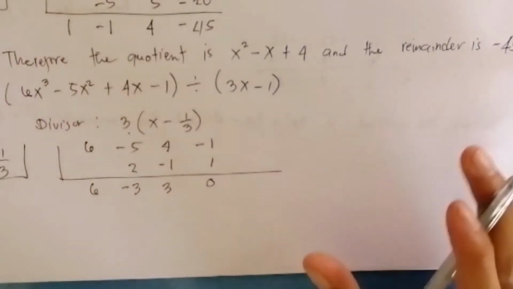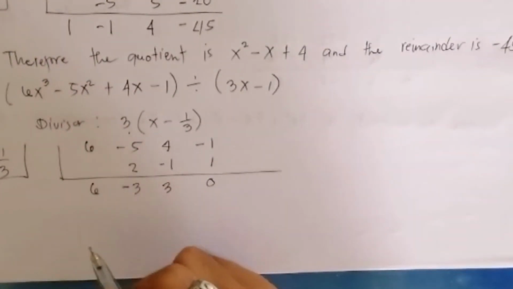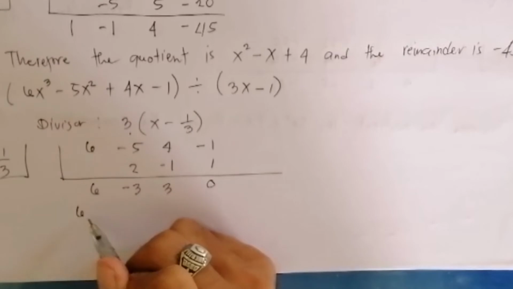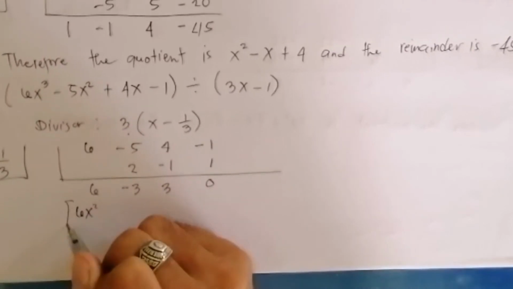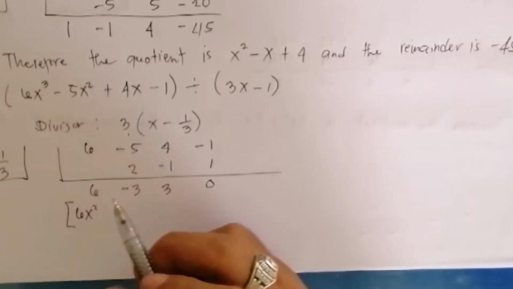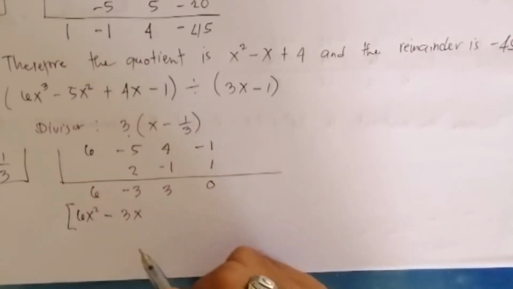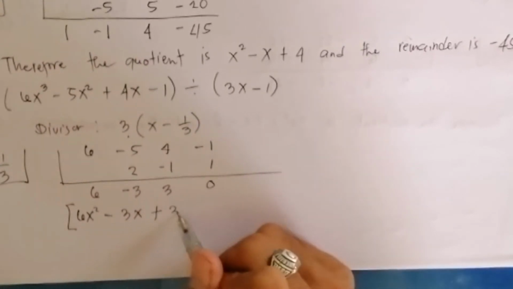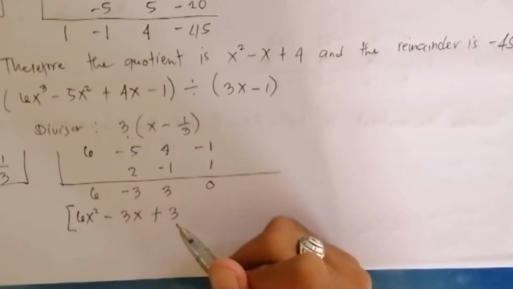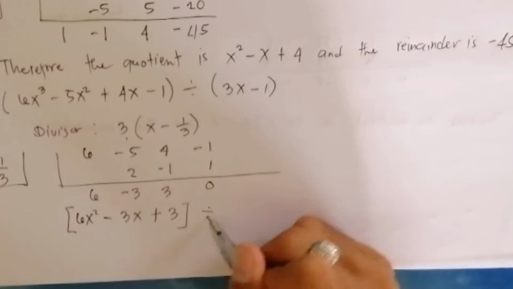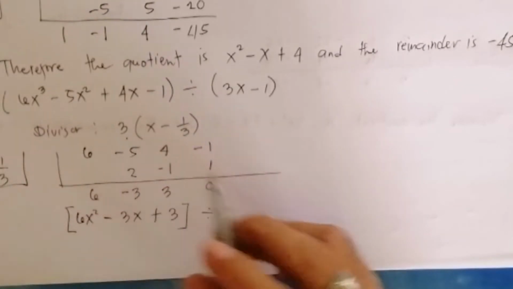Then the new quotient is 6x squared minus 3x plus 3, then divided by 3.